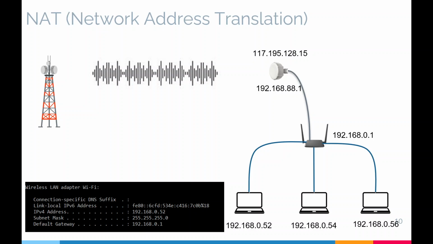For business, they can have a requirement, but for a common consumer, it's wise to have only one single public IP, and then they can connect multiple systems like your mobile devices, laptops, computers, smart TVs, right? So it makes sense. All of them have a private IP, and then later on they translate to a public IP using which they can access the internet.